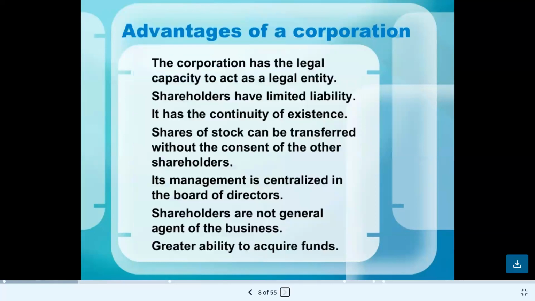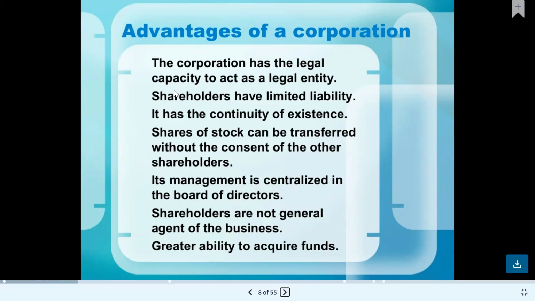Okay, let's continue. Here are some of the advantages of forming a corporation. First, the corporation has a legal entity, so therefore, it has the legal capacity to act as a legal entity. Shareholders have limited liability, meaning you cannot go after the personal assets of the shareholders in the event the corporation becomes insolvent or bankrupt, and you have unpaid liabilities.